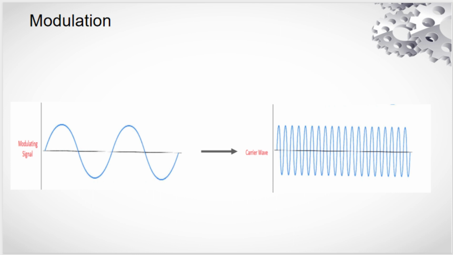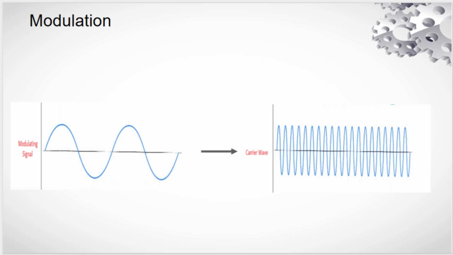Modulation is the process of imposing a data signal wave onto the carrier wave. In other words, modulation is the process of changing some property, such as amplitude or frequency, of a carrier wave with the data signal wave as an input.